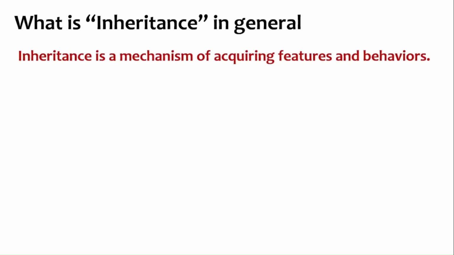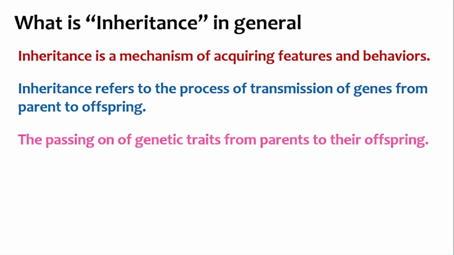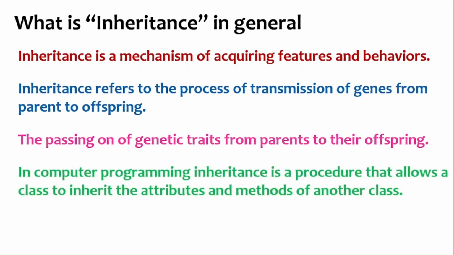Inheritance is a mechanism of acquiring features or behaviors or attributes. Inheritance refers to the process of transmitting genes from the parents to their offspring. The passing of genetic traits from parents to their offspring can be called inheritance.